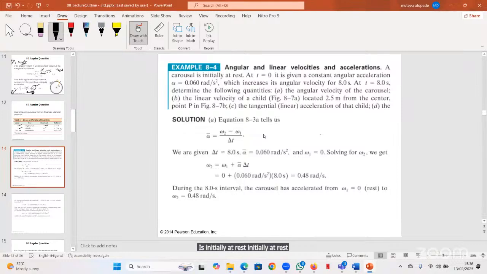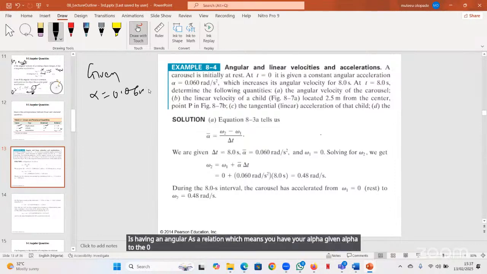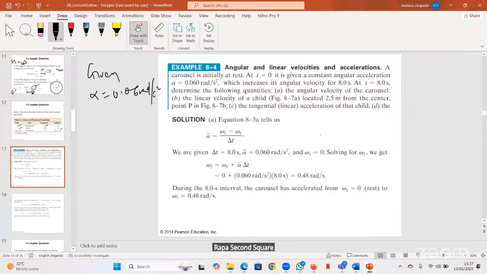At t is equal to 0, it is given a constant angular acceleration, alpha, of 0.06 rad per second square, which increases its angular velocity for 8 seconds.